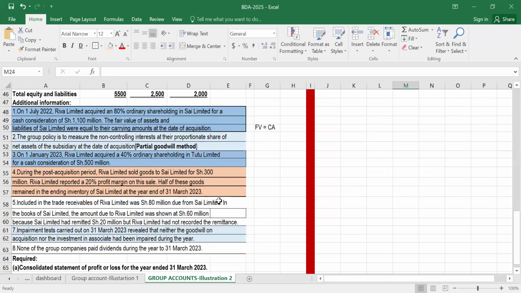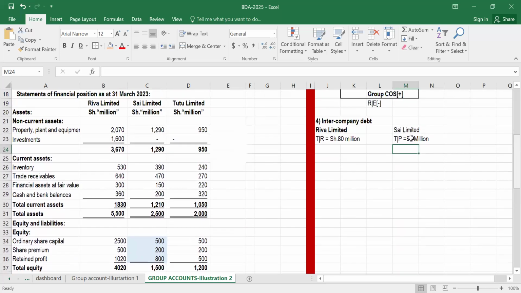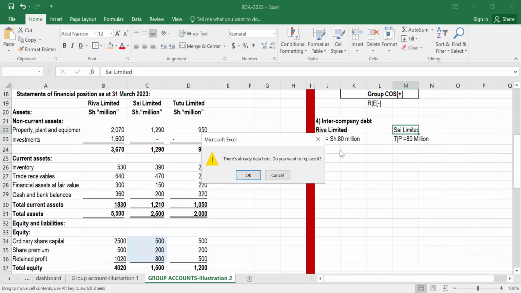We are told in the books of ZQ, the amount due to BV was shown as 60.